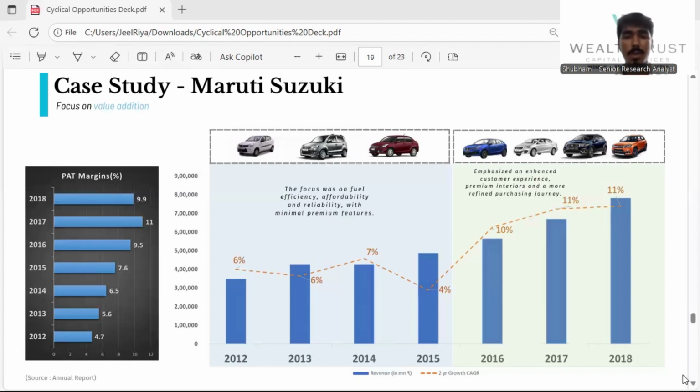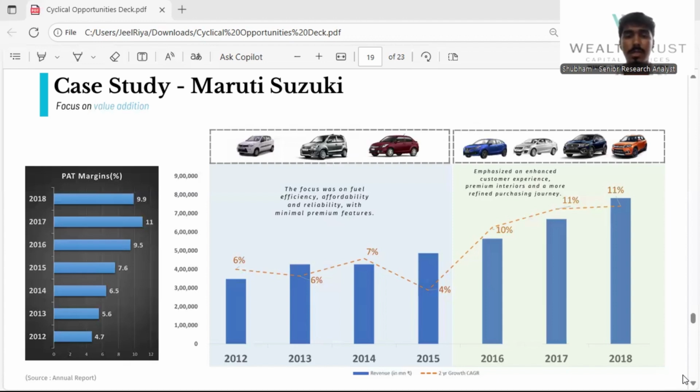You can see the margin expansion of Maruti Suzuki, and this is an important factor when we consider a company. Again, it's not just because the sector is down or the company has corrected. We need to see whether there is a transitional change or the product portfolio is changing, because those factors matter a lot in any turnaround story. Maruti Suzuki is a live case study where we picked the company because there was a transitional shift.